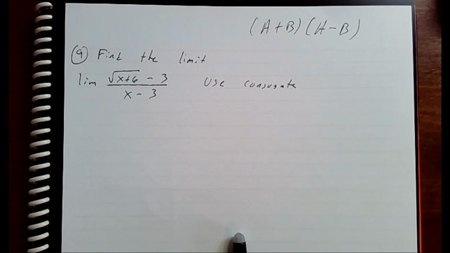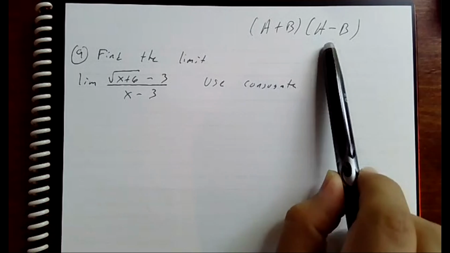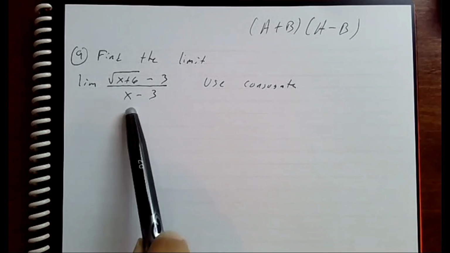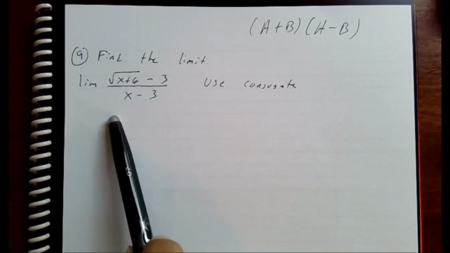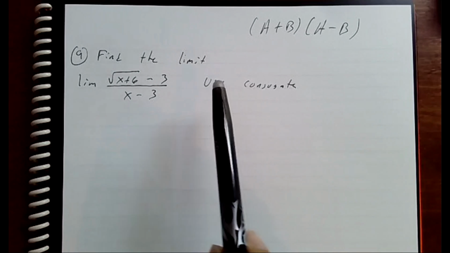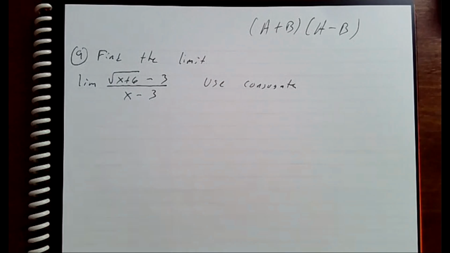And then you have the exact same thing, but different sign in the middle. So the conjugate of x minus 3 would be x plus 3. That's all this weird word means. Is that clear? Yes, sir.